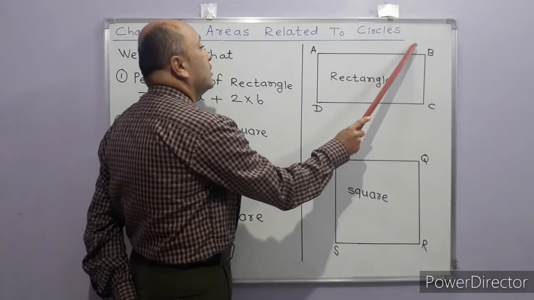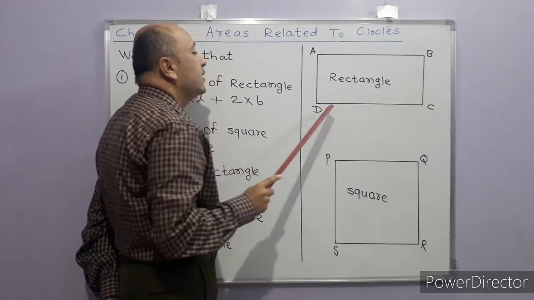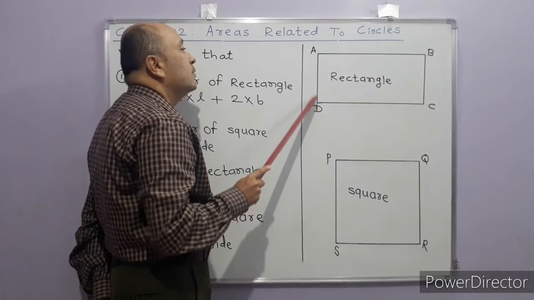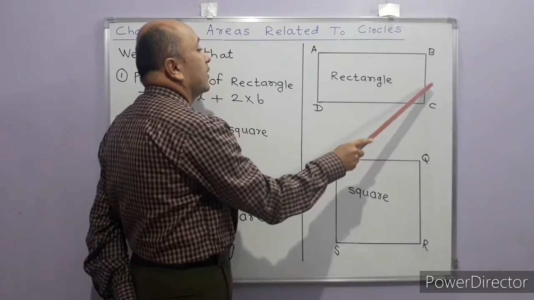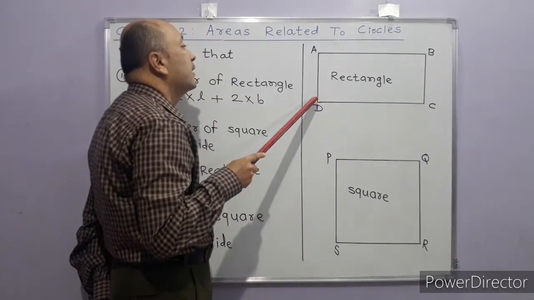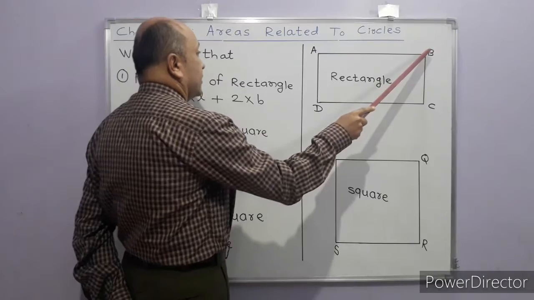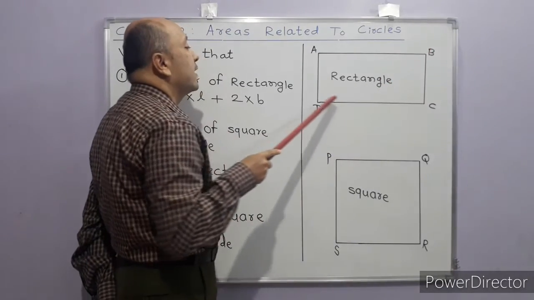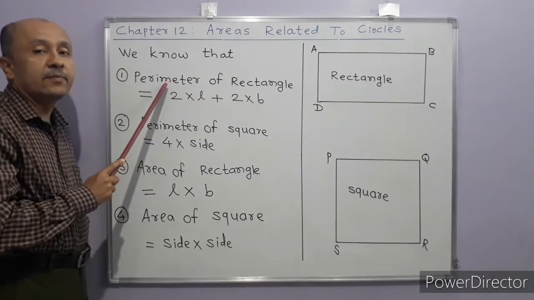He will come from A to B, from B to C, from C to D, and again from D to A. So he will travel on this road, on the boundary, and come back again to A. This measurement means what distance he has travelled. That distance is nothing but perimeter.